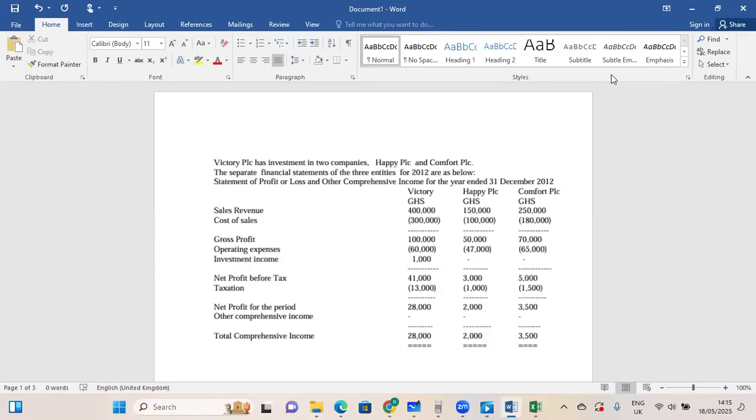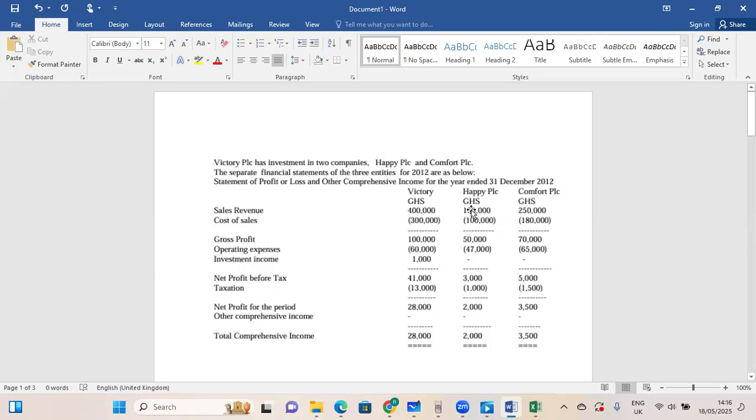Then, as I said earlier, if you cannot do anything in consolidation, just identify the group structure, the dates of acquisition and reporting. Once you're able to identify the group structure, the date of acquisition, and the reporting date, you're almost done, because you can just consolidate by adding line by line. You open your consolidated income statement and add the revenue.